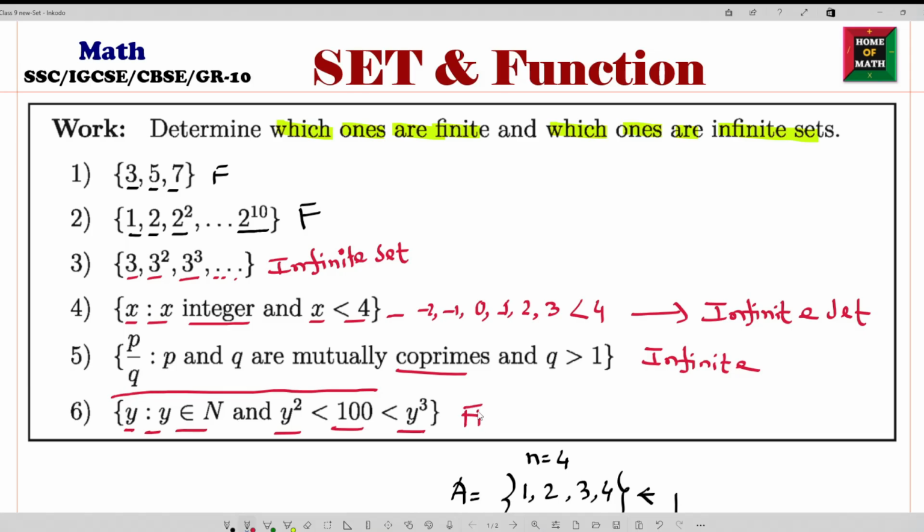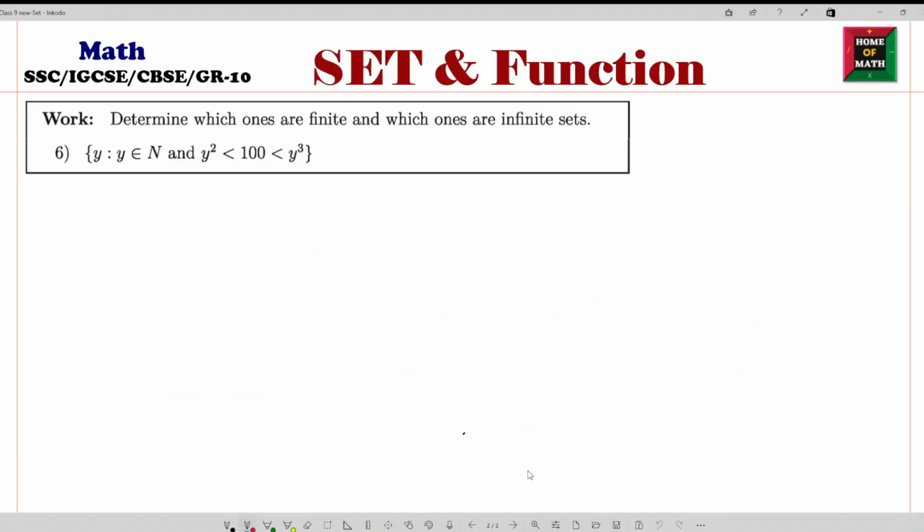It's a finite series, but this one we need to check. Let's check. So N equals 1, 2, 3, 4, and so on.